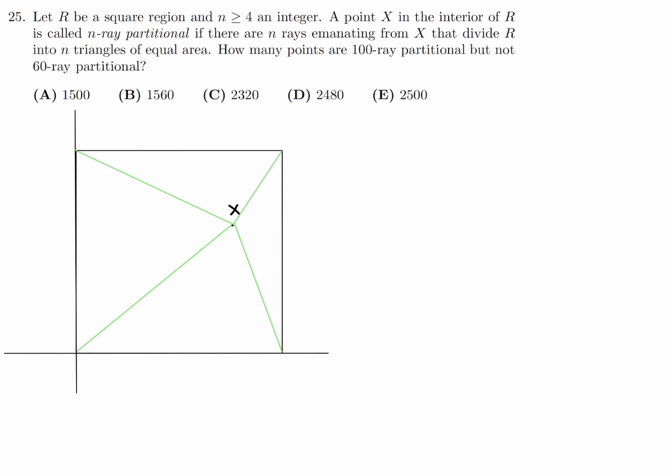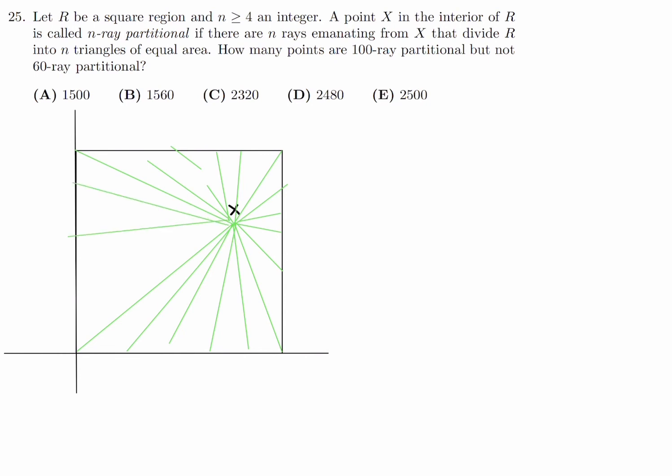Okay? Now, this one, of course, as you can clearly see, divides it into 4 regions, and these 4 regions are not equal, but there's going to be a whole bunch of rays that emanate in order to make a whole bunch of equal segments. So that is the challenge of the question, right?